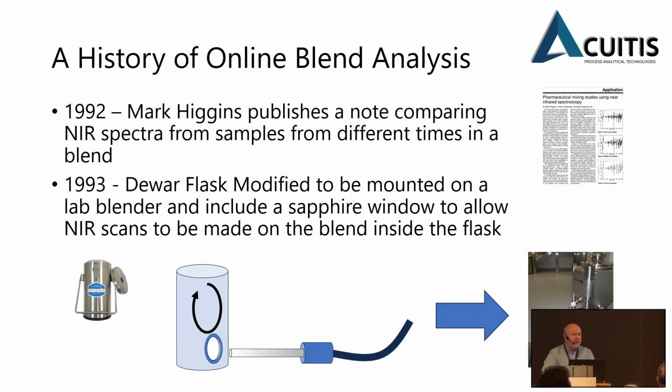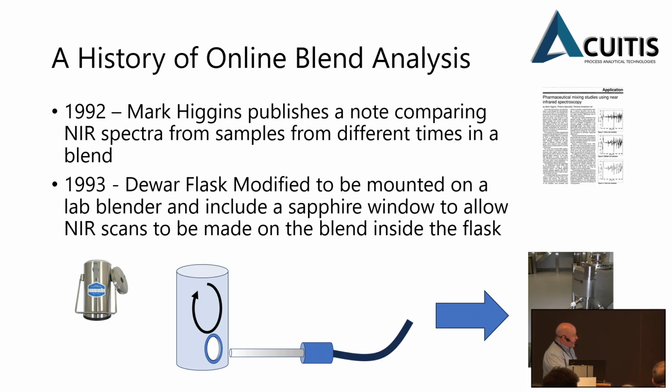The first application of near-infrared blend analysis really dates back to about 1992. There was a guy at Perstorp, and at one stage, Foss Perstorp was the only game in town for near-infrared analyzers, and he published an application note where he took some samples, measured some blend at different time points from a blending process, and showed that you could measure changes in the near-infrared bands as a result.